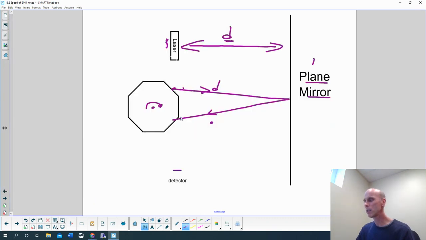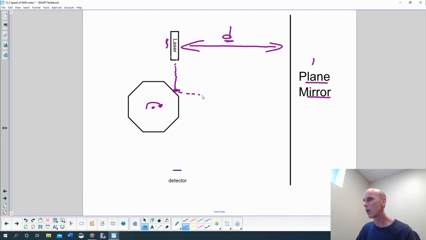Here, let me erase some of this so that we can see a little better. So the beam of light that we send, this little pulse of light, if you want to picture just that little pulse of light, hits this mirror at this point. So it comes out here. We're not worried about this part right here. It comes down here, hits this. Now the experiment starts.